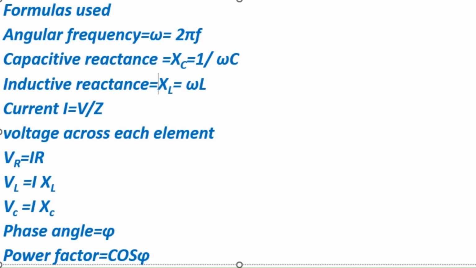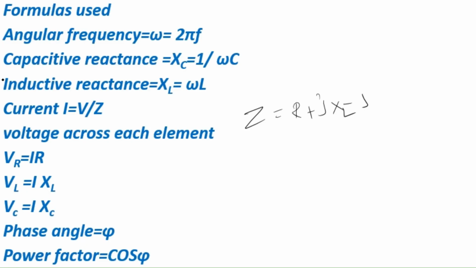The value of current I equals V by Z, where Z equals R plus j XL minus j XC. Here R is a real term, the resistance, XL is the inductive reactance and XC is the capacitive reactance.